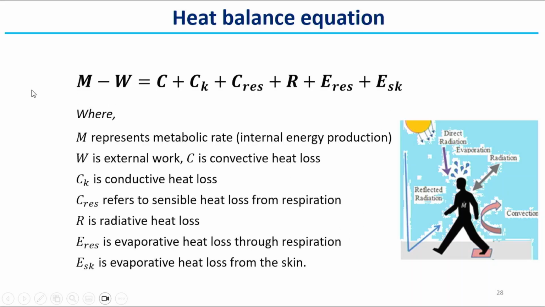So, there has to be balance. If the right-hand side is higher, that means you are losing heat from the body. In that case, we have to reduce the radiative heat loss, the convective heat loss, and the conductive heat loss. We have to balance the metabolic heat and work done, considering that a constant amount.